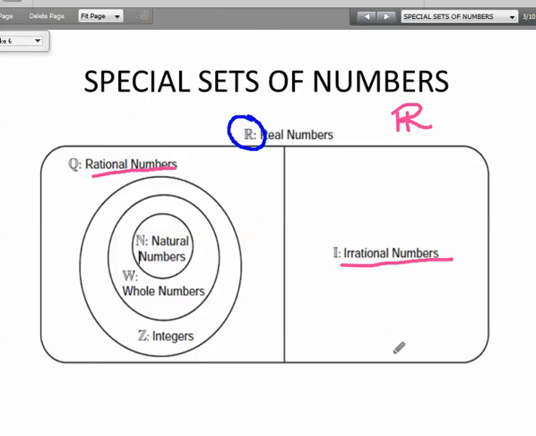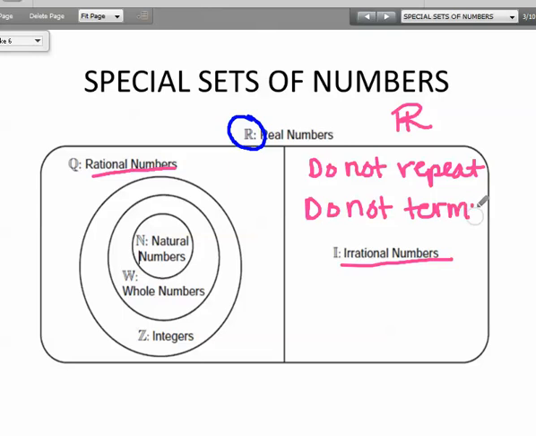Let's start with the irrational numbers because those are crazy numbers. These are the numbers that do not repeat and do not terminate. So you're like, what? What are all these big words?